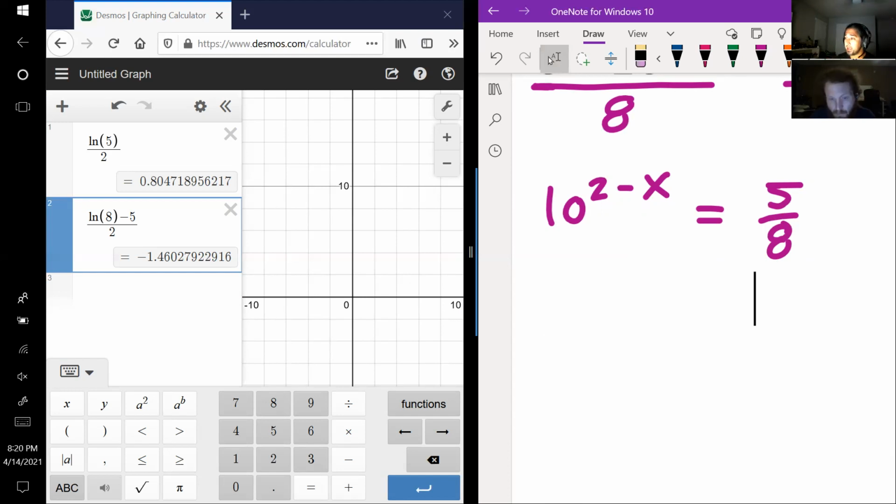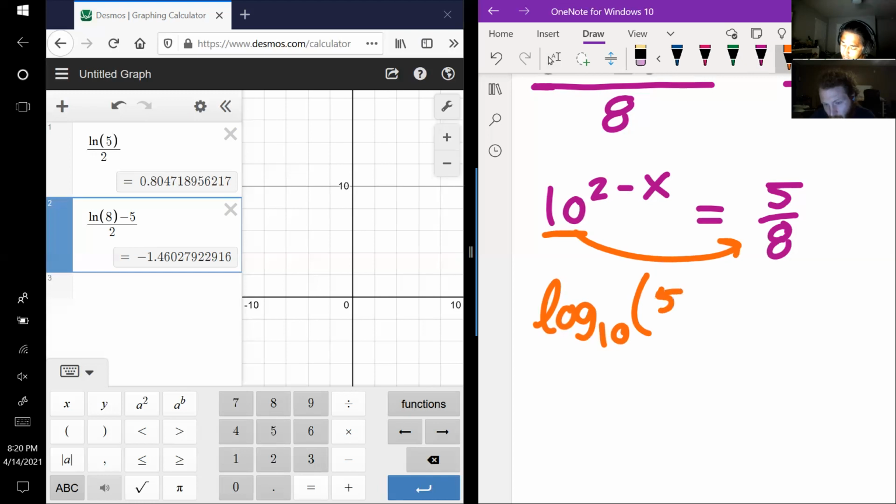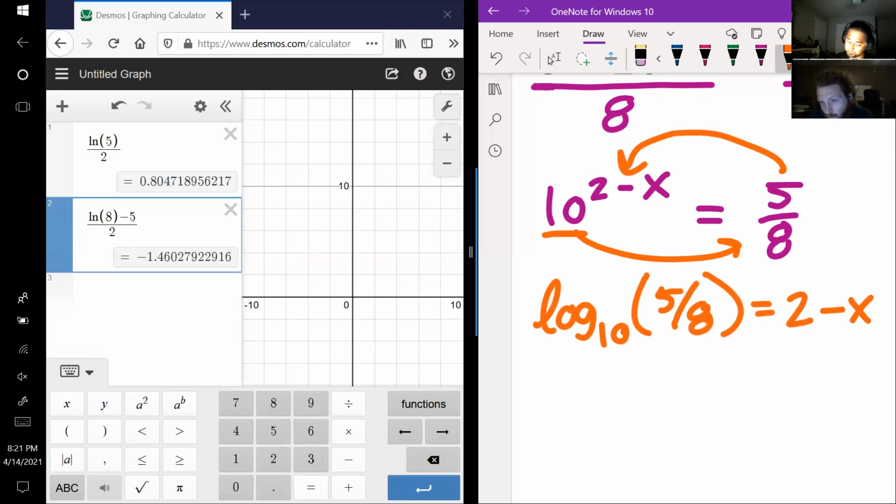This has a base of 10, which means we will use the common log. So when converting, we're going to take base of 10 and make it log base 10 of the outside number of 5/8 equal to the exponent of 2 minus x.